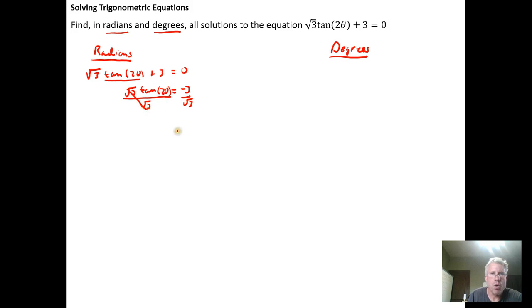So that's going to give us 1 times the tangent of 2 theta. And then we can simplify this. What we can recognize is that 3 is the same as the square root of 3 times the square root of 3.